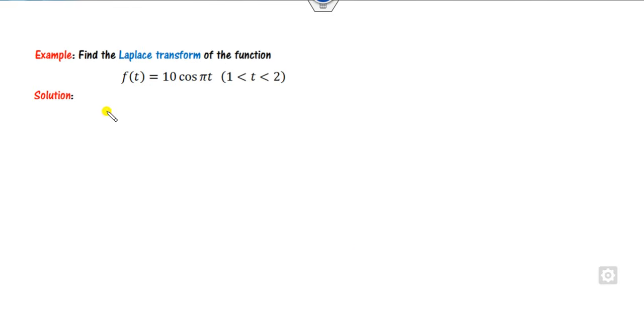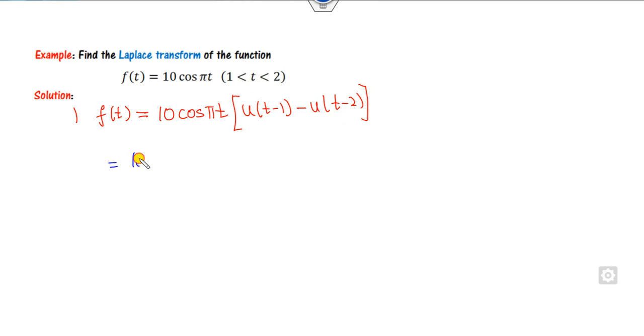Last question for you. Let's say f of t. Firstly you have to write it in the unit step function form: 10 cos pi t u of t minus 1 minus u of t minus 2. So I can open this one, 10 times cos pi t u of t minus 1, minus 10 times cos pi t u of t minus 2.